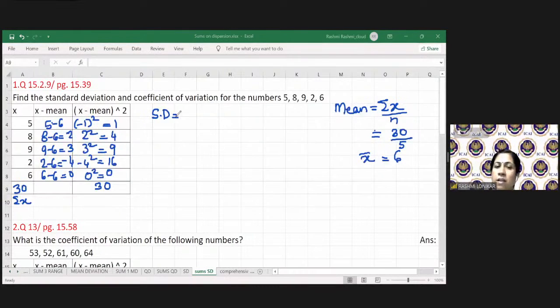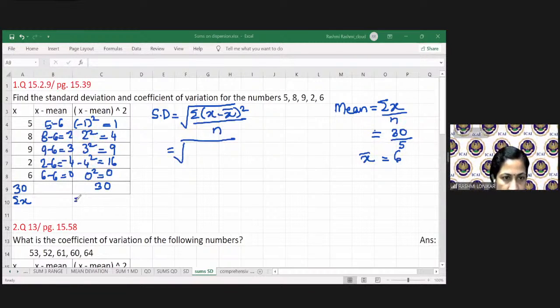So what is the formula for standard deviation? Square root of summation of (x minus x bar) whole square upon n. So this 30 is nothing but summation of (x minus x bar) whole square, right? We first found x minus x bar, x minus mean, and then x minus mean whole square, and added it.